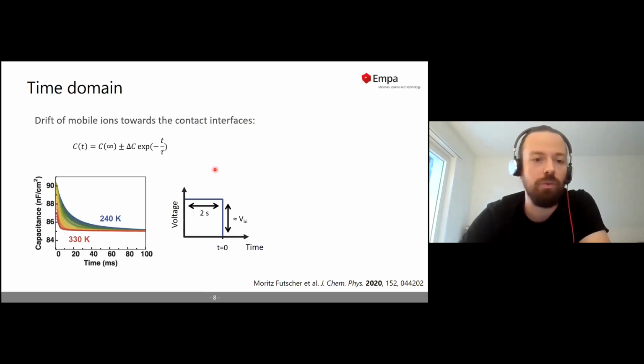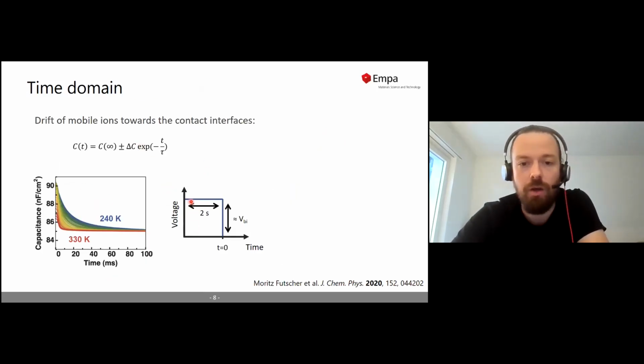And this is exactly what we measure. You can see here, for example, where we have applied a voltage, which is more or less the built-in bias of the cell, for 2 seconds in order to give the mobile ions enough time to redistribute. And then we go back to 0 volt, and we measure this transient capacitance. What we see here is that this, again, changes nicely with temperature.